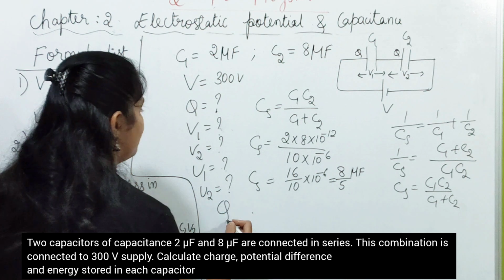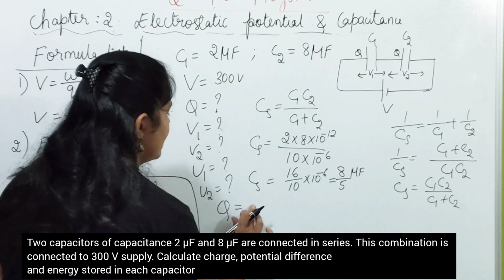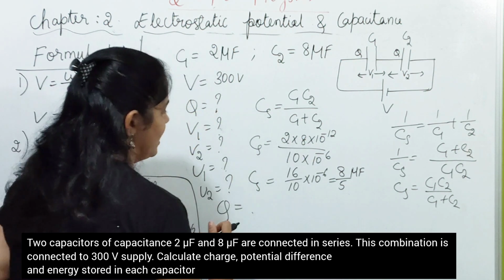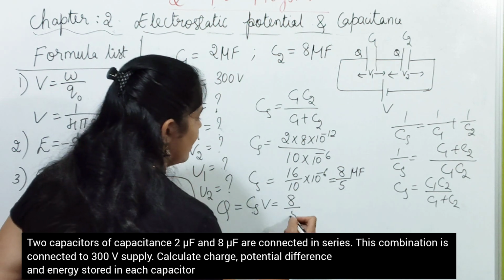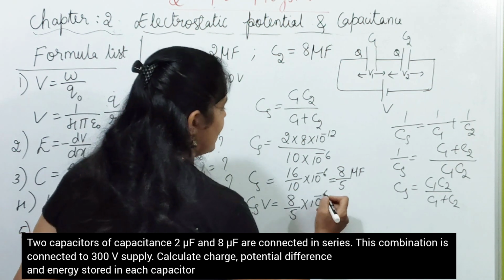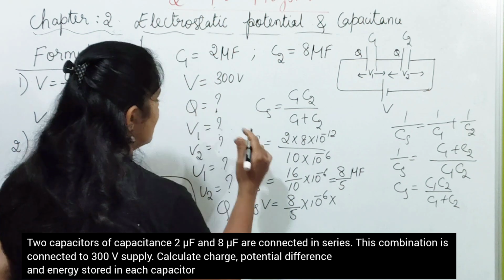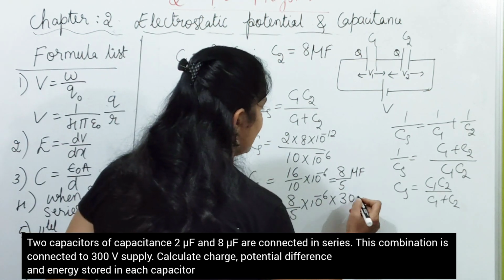Now let us calculate Q. The charge on each is the same as the charge on the combination, which is CS into V. It is 8 by 5 micro, 10 to the power minus 6, into V, which is 300.